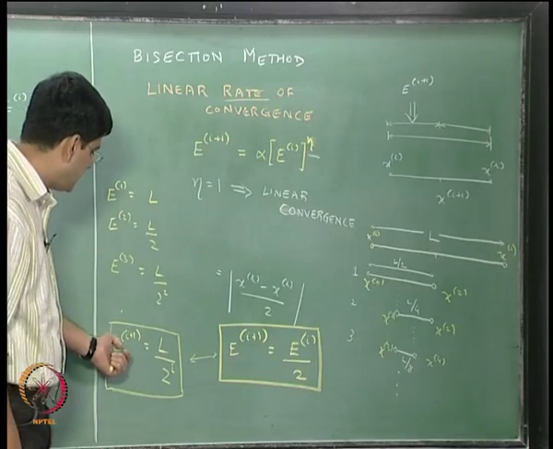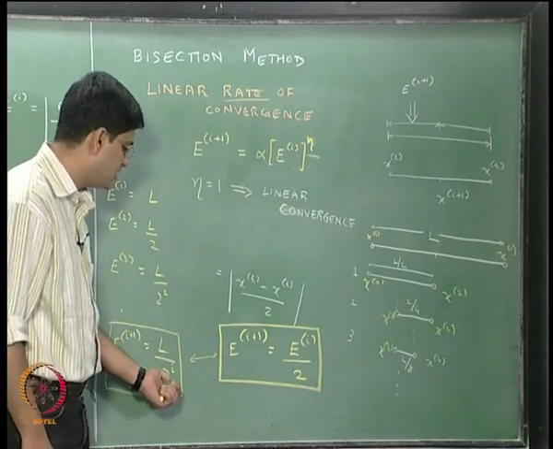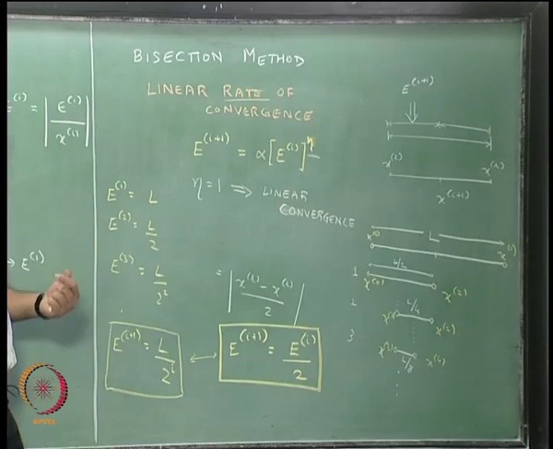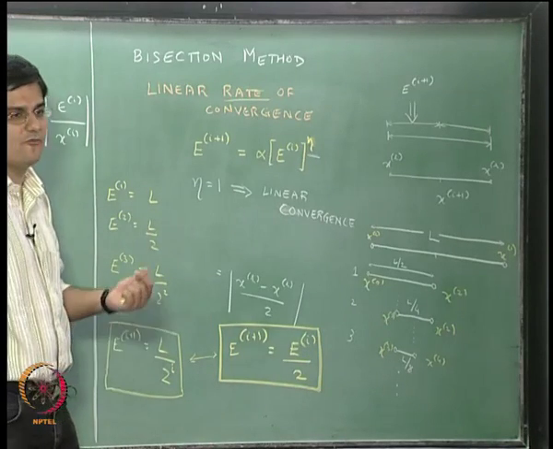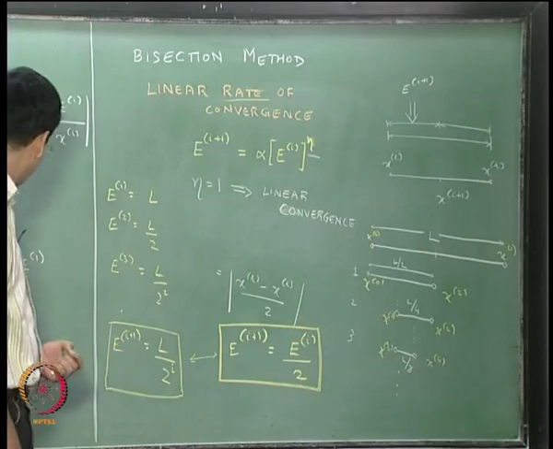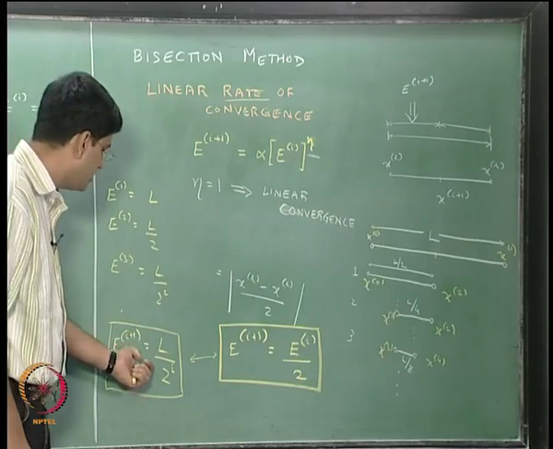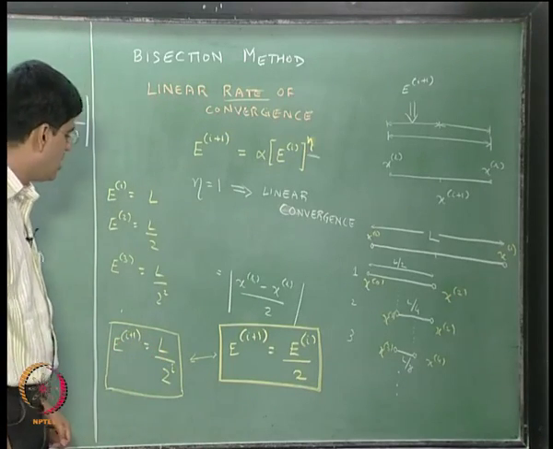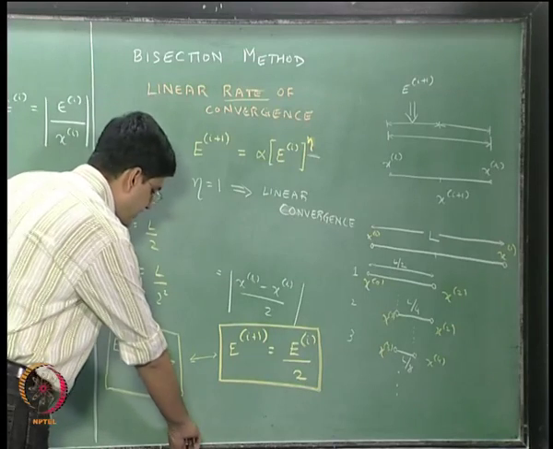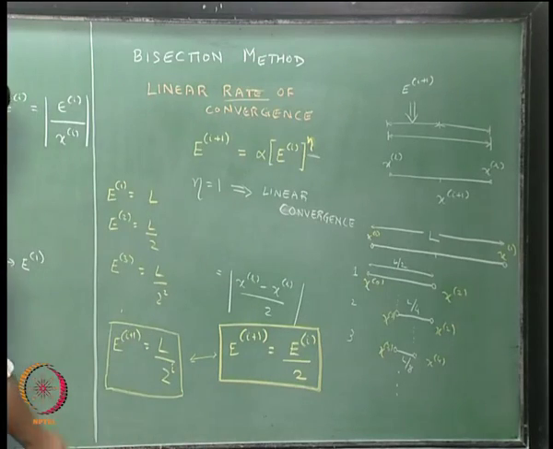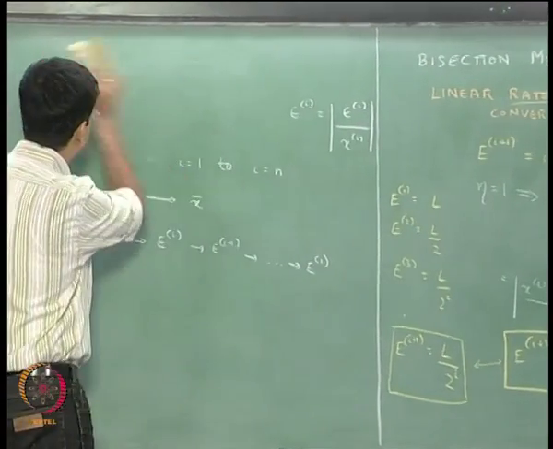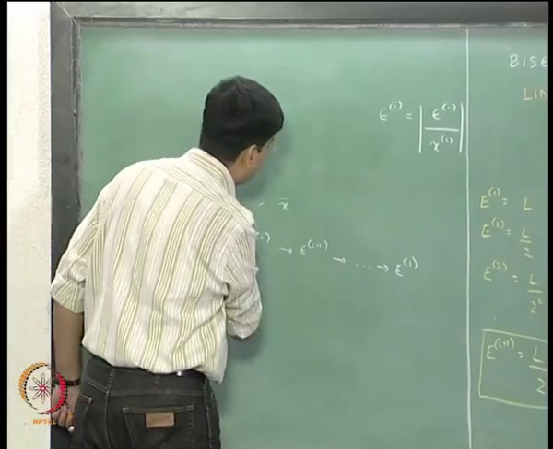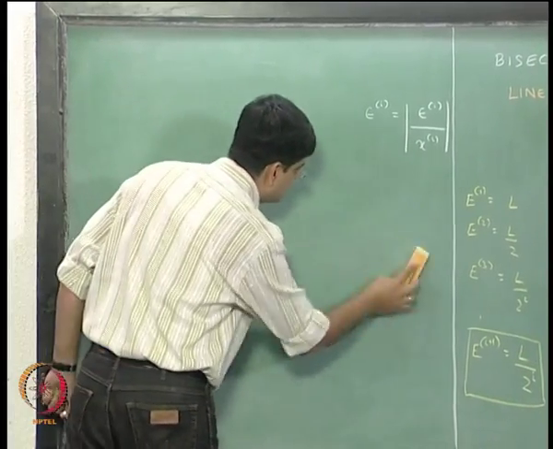Another advantage of the bisection method is that given a particular tolerance value, we can determine a priori how many iterations we are going to require for this method to converge. For example, let us say E tolerance is the desired accuracy that we are interested in.